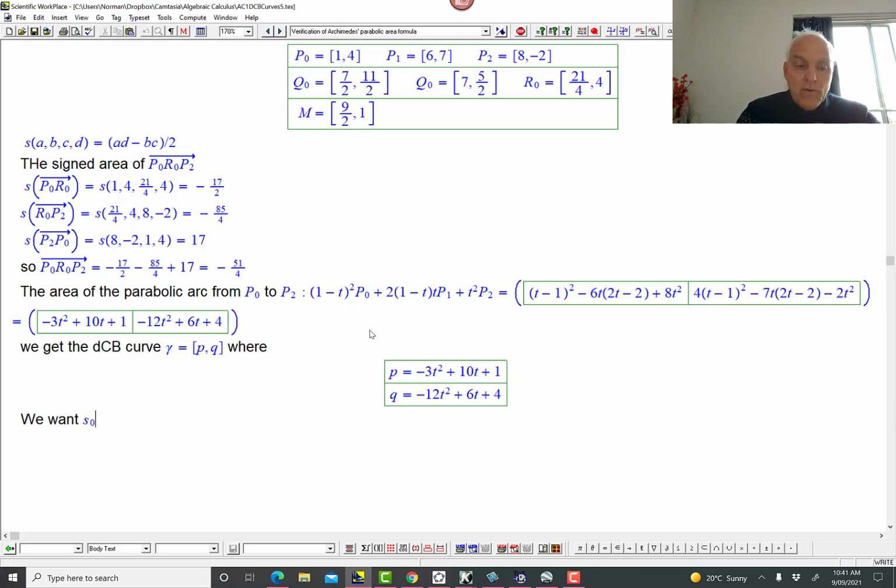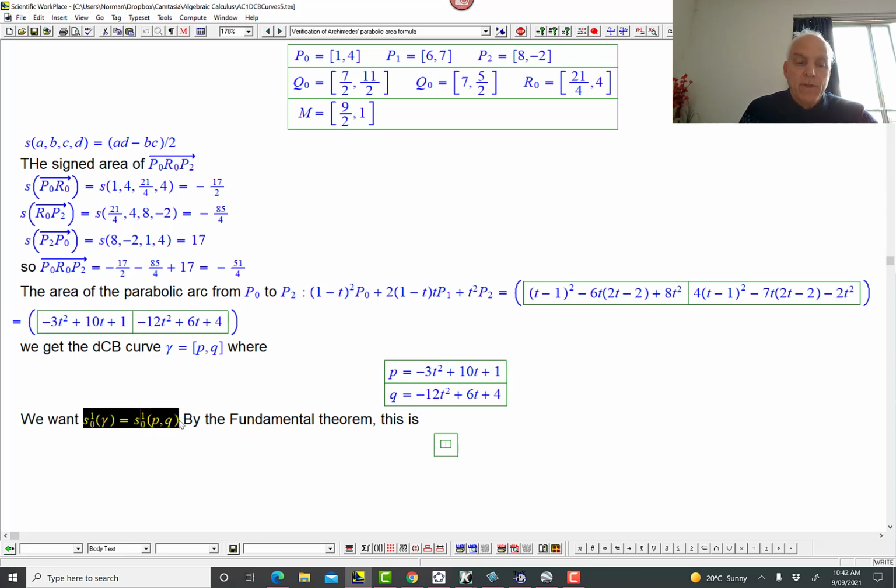So we're going from lower bound 0 to upper bound 1 of this curve gamma. And we also allow ourselves to write that, if we want, in terms of P and Q. We want this. So by the fundamental theorem, what does it tell us?